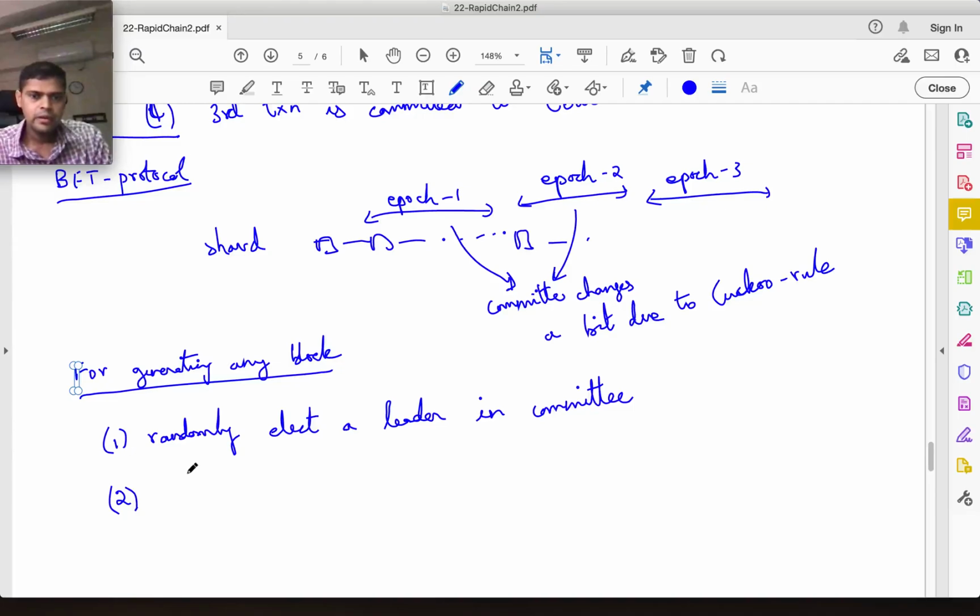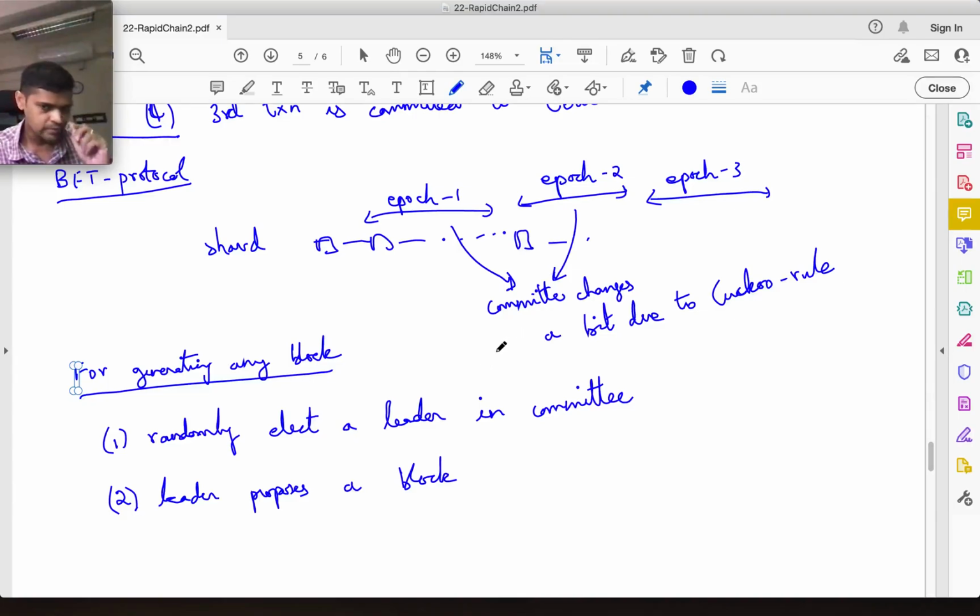And now what happens is that the leader is going to propose a block. This is a block with a whole set of transactions, and it doesn't have to be a very small block because we don't have to worry about forks, right?